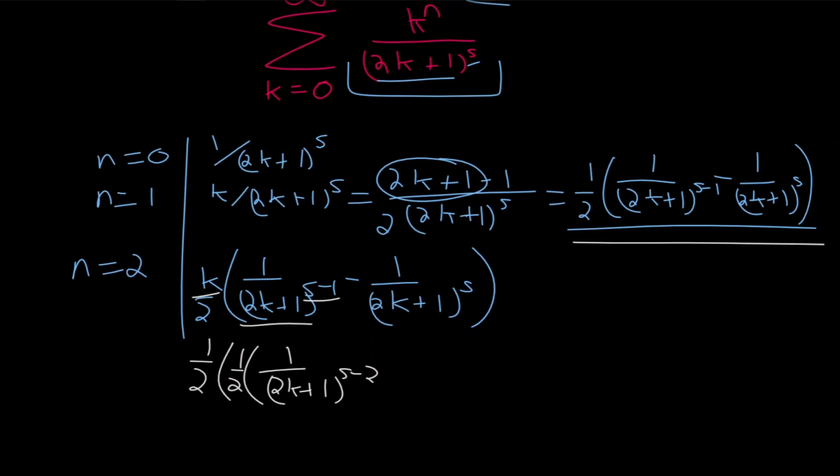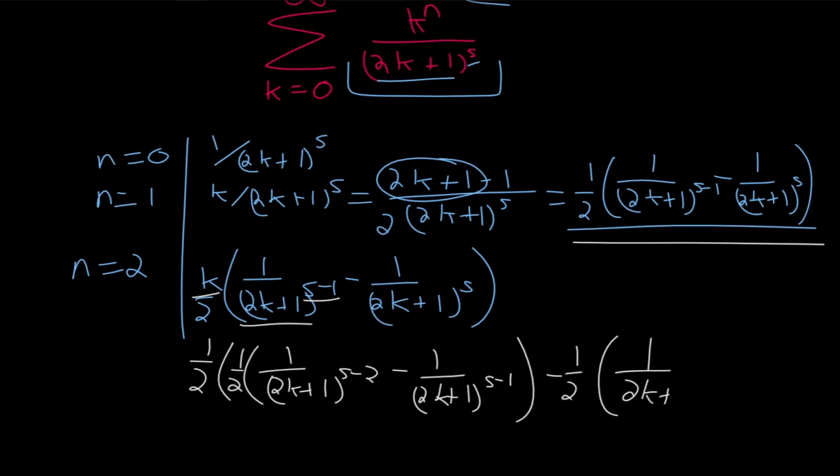And then we're going to have minus 1 over (2k plus 1) to the s minus 1. And then we're going to have minus exactly what this is right here. So minus 1/2, and then 1 over (2k plus 1) to the s minus 1, and then minus 1 over (2k plus 1) to the s.